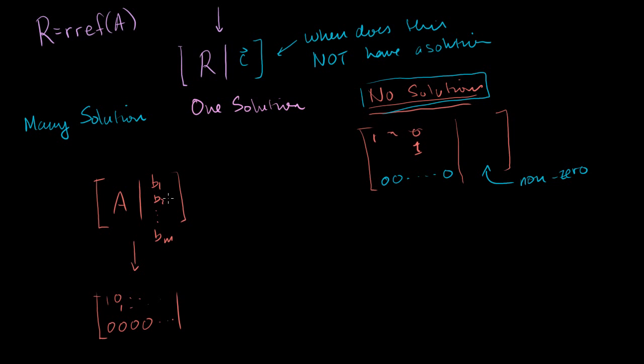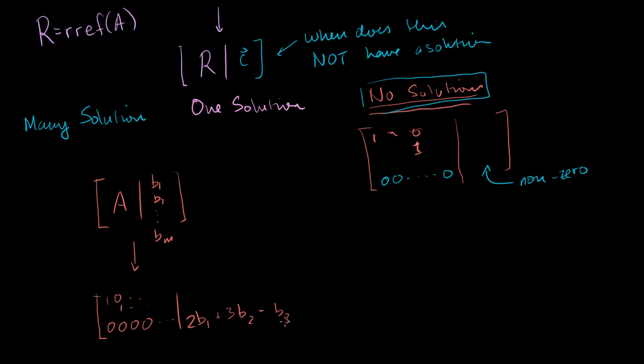When we perform the row operations on this generalized member of Rm, this last row has some function. Maybe it just looks like B1 plus 3B2 minus B3. I'm just writing a particular case; it won't always be this.